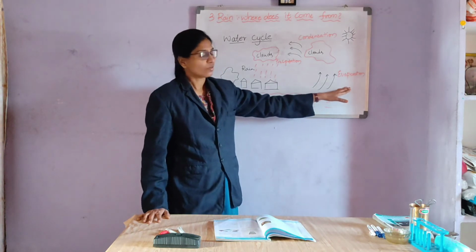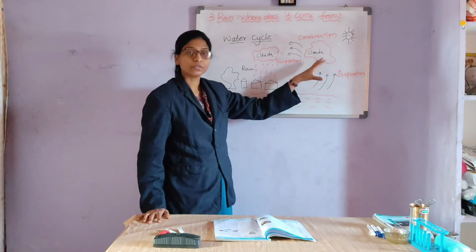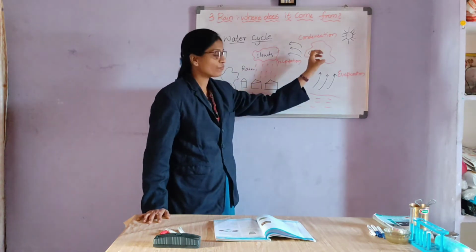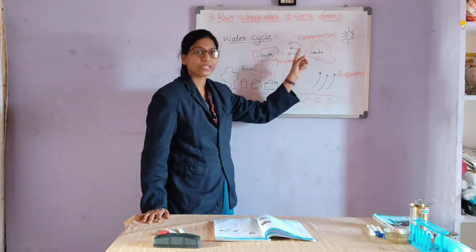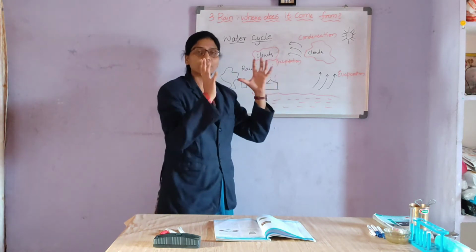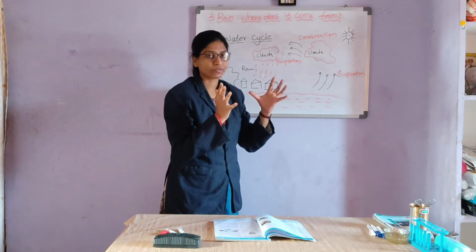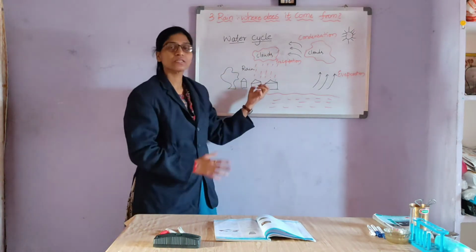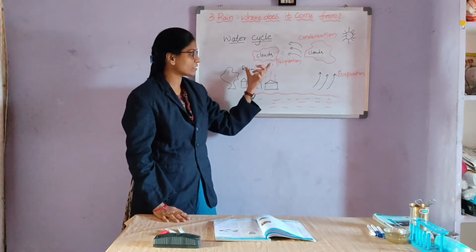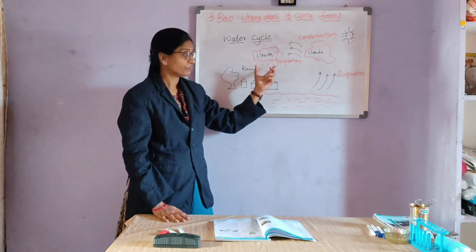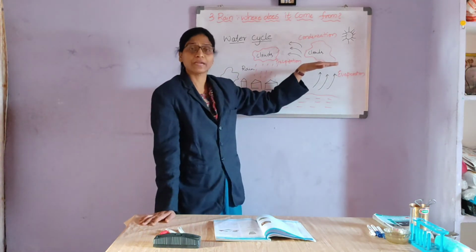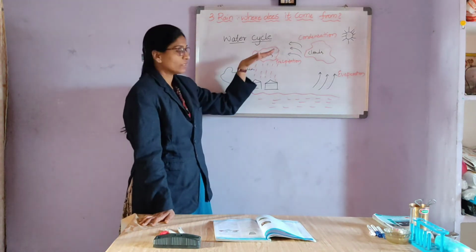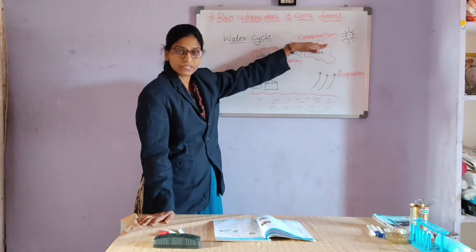When the clouds get cooled, the vapor form converts into water. When the clouds become heavy, they become very dark and come down as rain. This process is known as precipitation. The water vapor present in the cloud gets converted into water. The process is known as condensation.